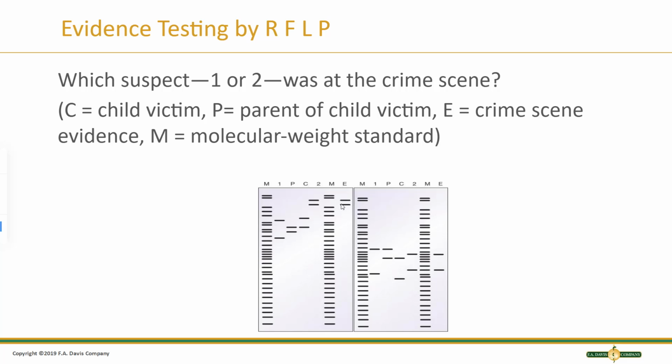The evidence here shows 2 bands, and the only individual out of everyone else present that has those 2 bands is suspect number 2. Looking at the evidence here, we go down, and the only other individual that has those 2 bands is again suspect number 2. So suspect 2 now has a high probability of being the one that actually had their genetic material at the crime scene.